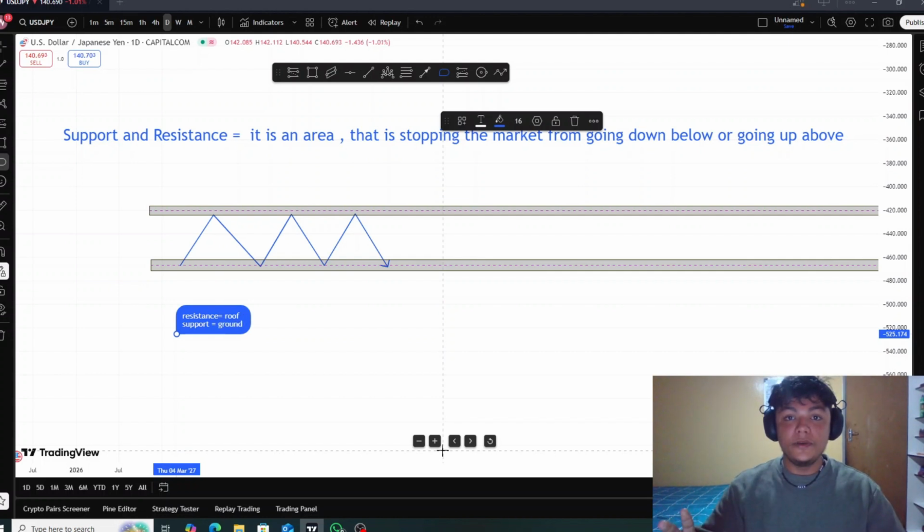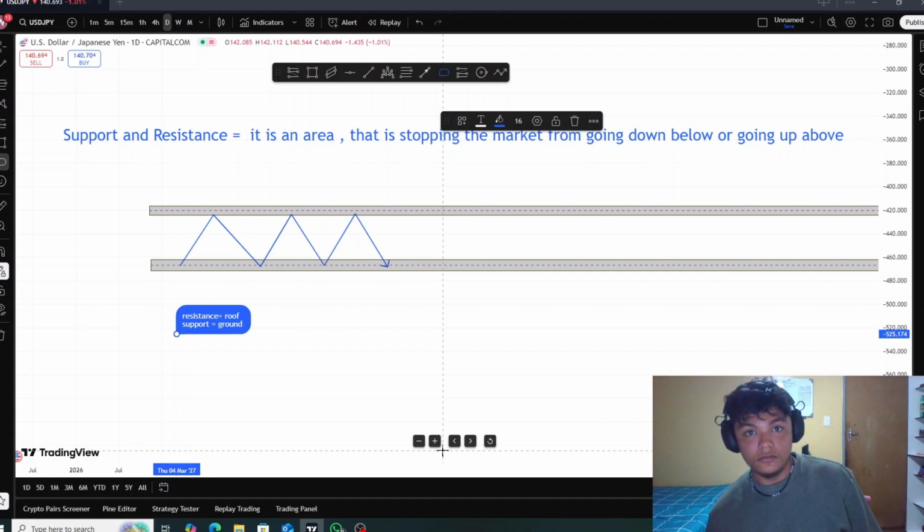If I can make a stupidly real life example, my phone. The ground is resisting my phone from going below the ground level, and the roof is resisting my phone from going above the roof level. This is just a stupidly simple example. And that's basically what support and resistance is.